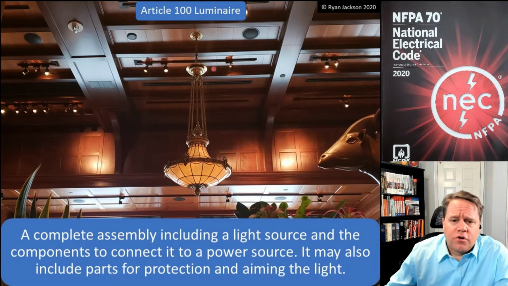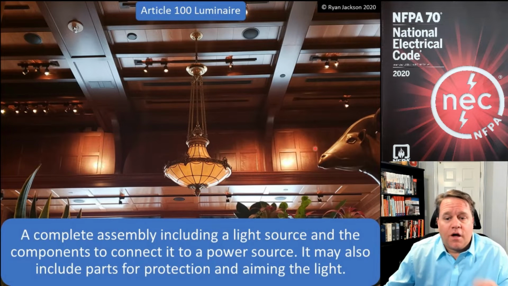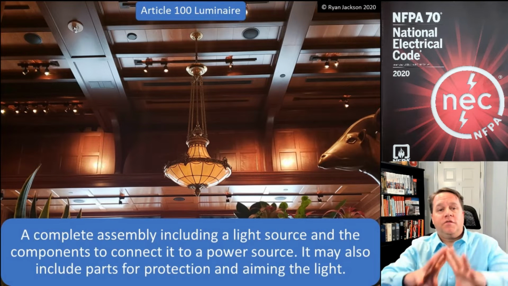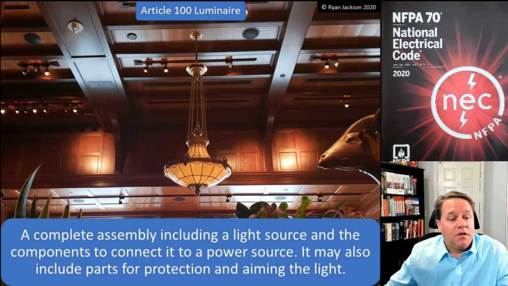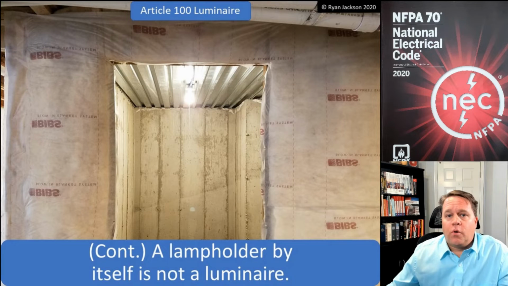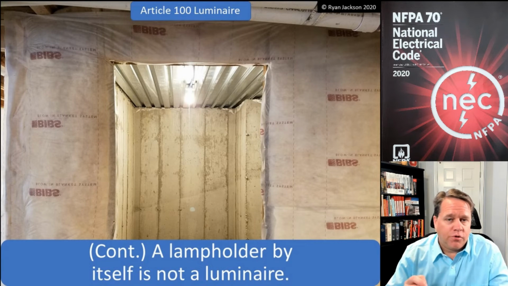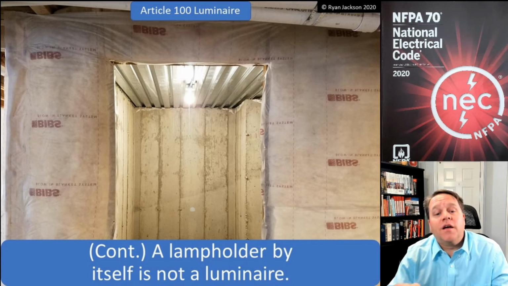So here's your luminaire, the complete assembly. It's got the light source, it's got the way that it connects to the power source, it's got a means of protecting it and aiming the light source. It's also important to note that a lamp holder in and of itself is not a luminaire.